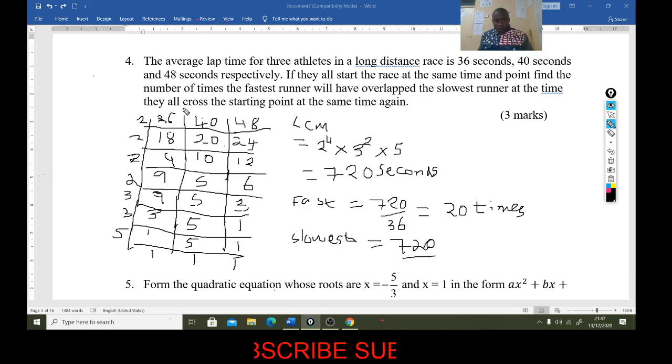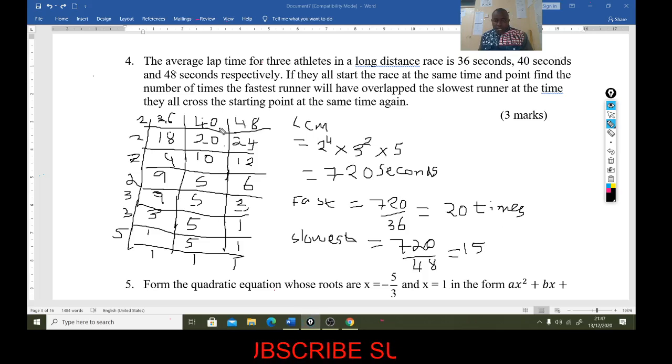The slowest is the one who takes 48 seconds. If you divide by 48, you'll get it to be 15 times. It shall have moved 15 times.